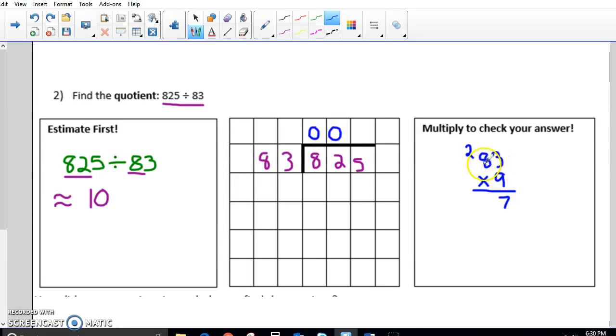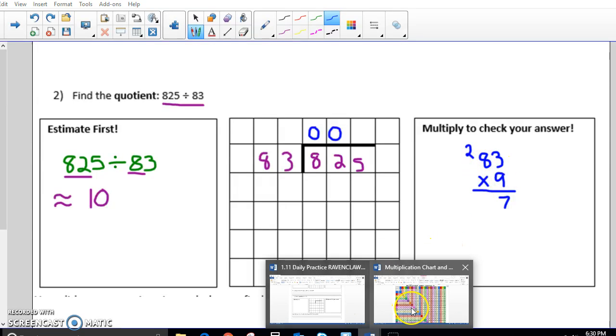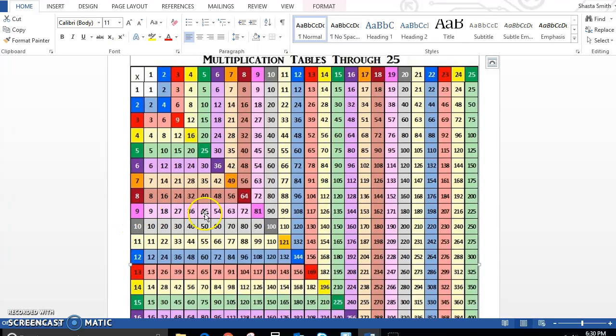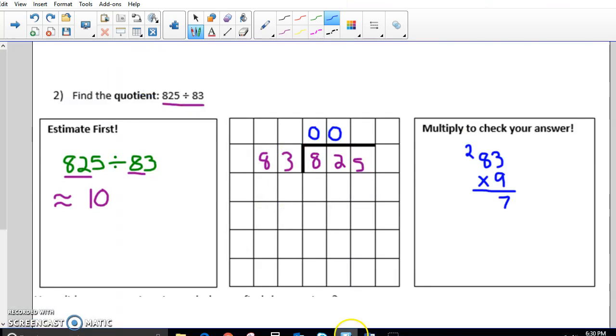Then I need to do 9 times 8. 9 times 8 is 72. 72 plus 2 is 74. So 83 times 9 is 747. So I think 747 is as close as I can get to this number without going over.